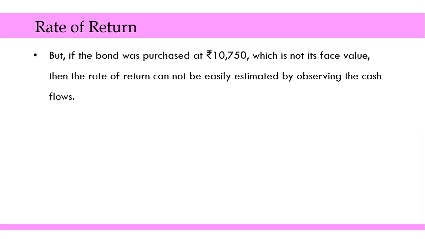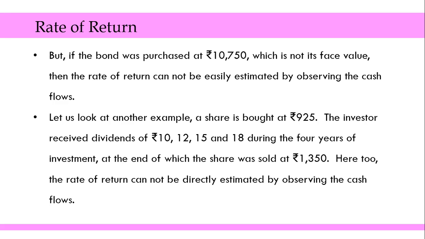In this case, my investment is 10,750, whereas incomes are 1,000 every year, followed by 10,000 at the end of the fifth year. Here it is not as easy for me to calculate the rate of return like in the previous examples. So let us take one more example.